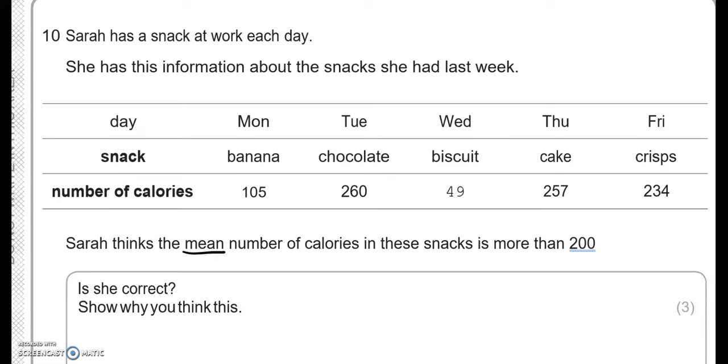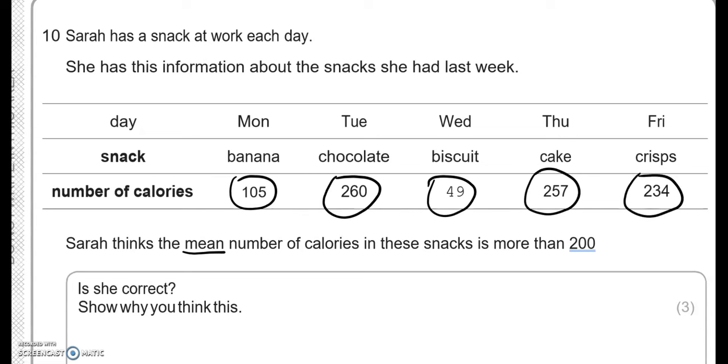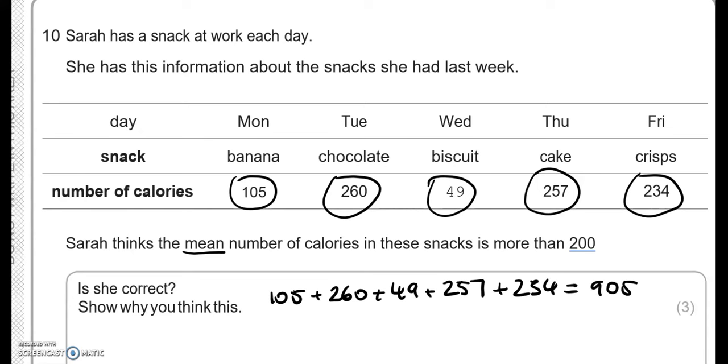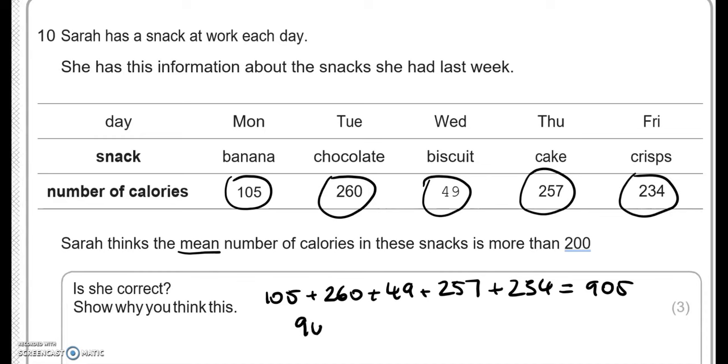So we're looking at mean, so we're going to add all of these numbers together and divide them by 5. So 105, add 260, add 49, add 257, add 234 equals 905. Now 905 divided by 5, because of 5 days, and that gives us 181.